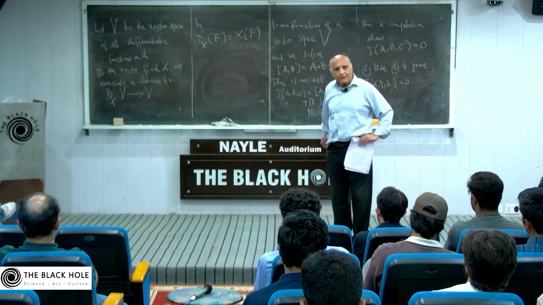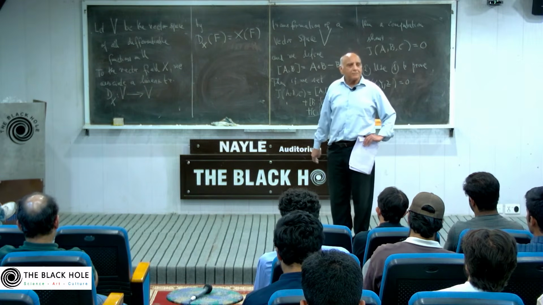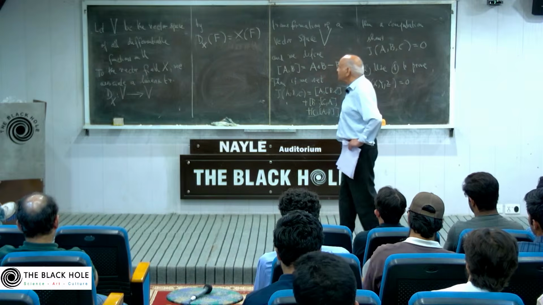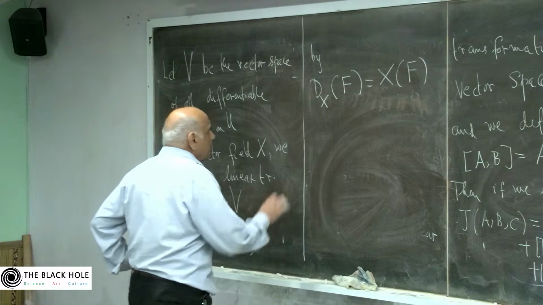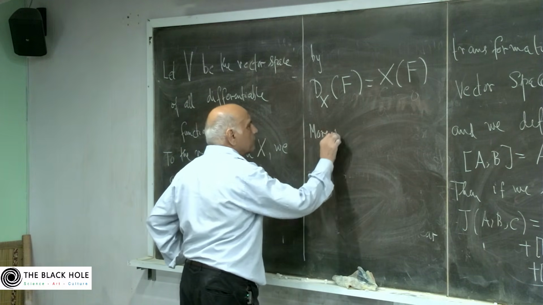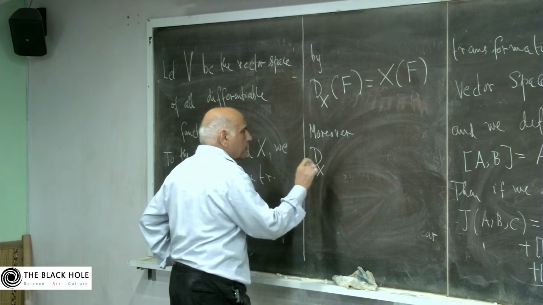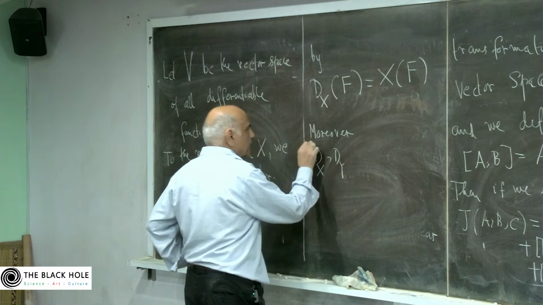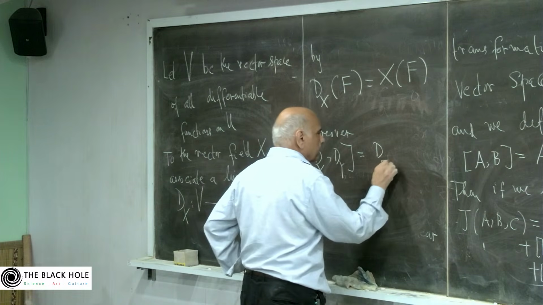The set of all continuous functions is an infinite dimensional space. But that shouldn't bother us. So this is a linear transformation. And now, moreover, you can check that dx bracket dy is d of x bracket y.